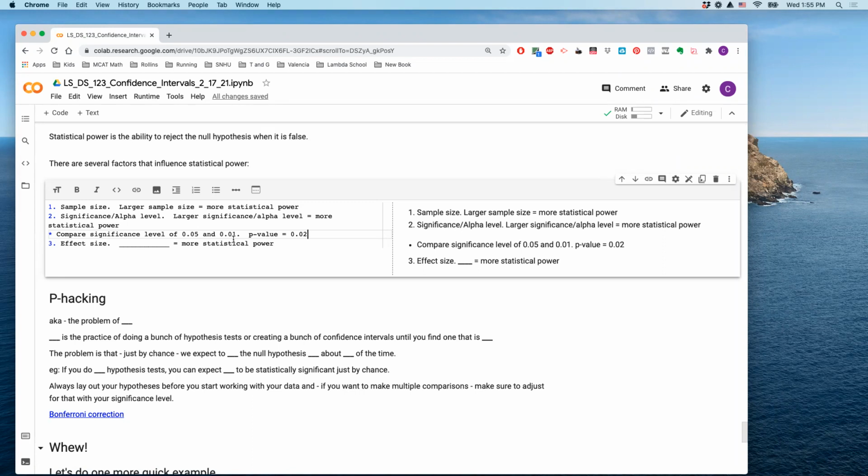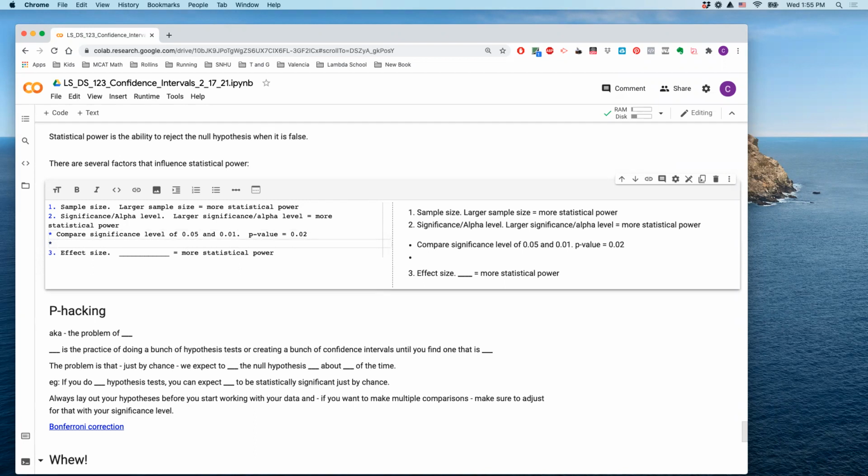So the more power being able to, power is the ability to reject the null hypothesis. So if I can reject the null hypothesis at this significance level, but not this significance level, this is the more powerful test, the one with the larger significance level. Now, notice perhaps the problem here.